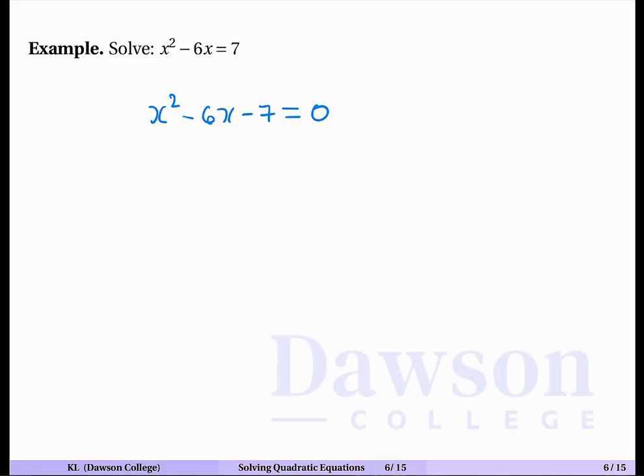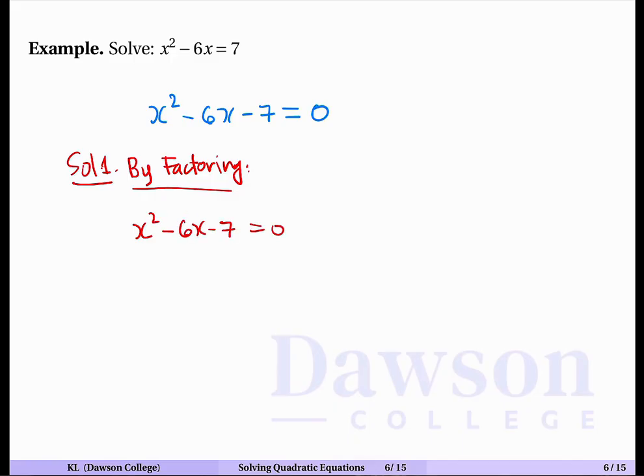We'll do this in two ways. First way, solution 1: let's do this by factoring. If we factor x squared minus 6x minus 7 equals 0, we get (x minus 7)(x plus 1) equals 0.